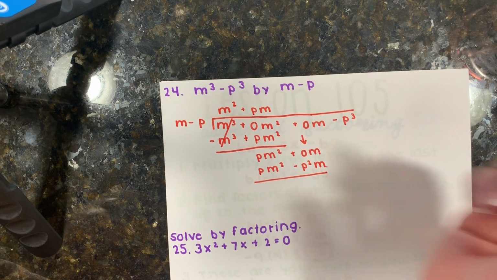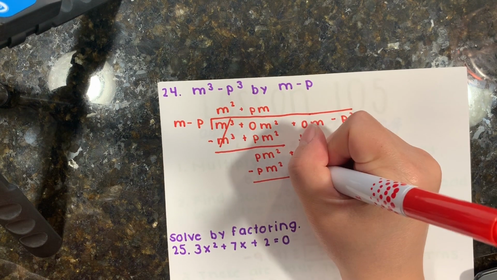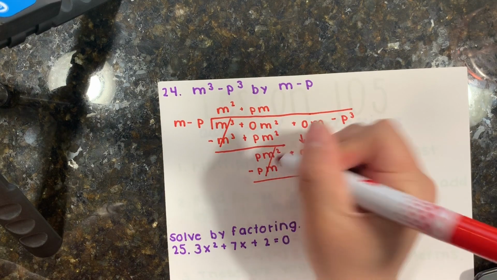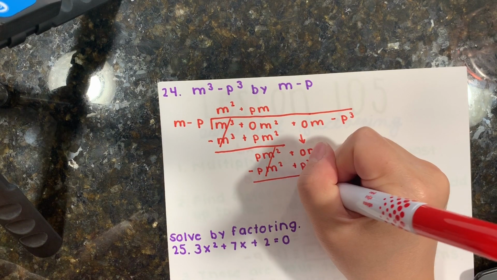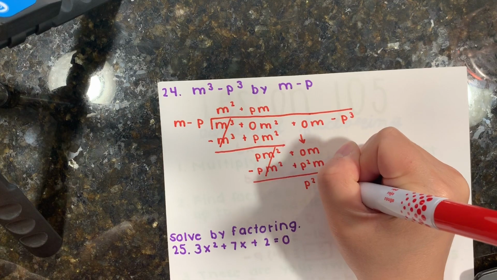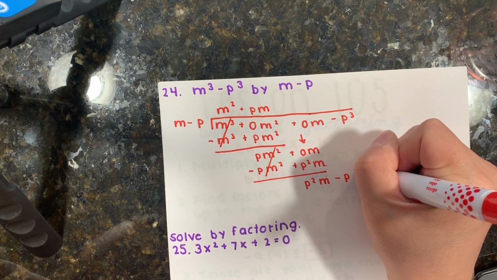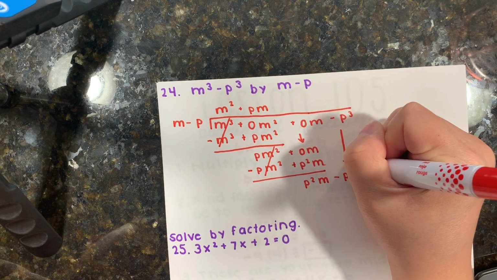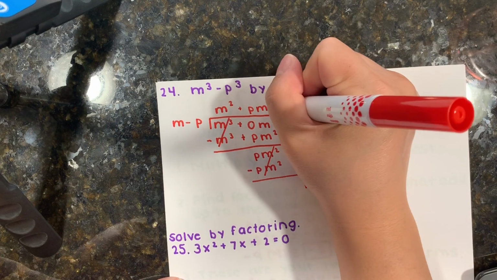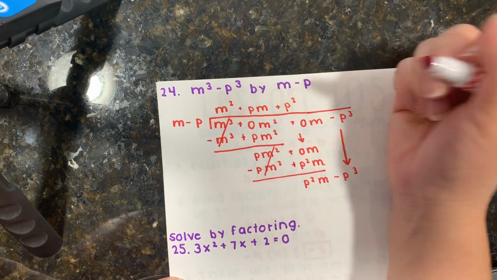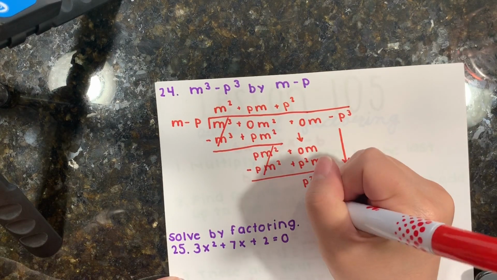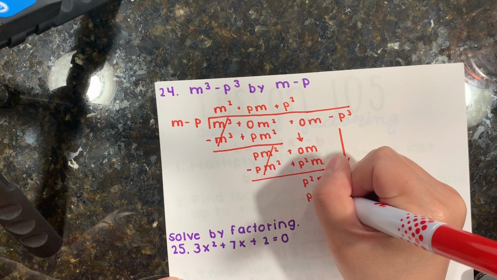Now I have to change both of my signs. So this becomes negative, this becomes positive, and my pm squareds cancel. Now I have p squared m and then minus p cubed. Divide my term by m, that cancels out the m, so I really just have p squared. Multiply that would be p squared m.